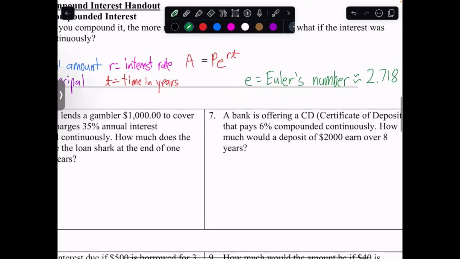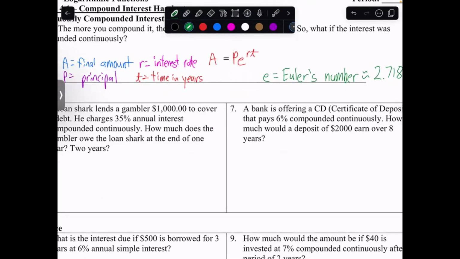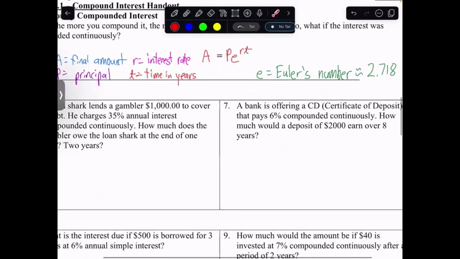Again, pi is about 3.14, and Euler's number is about 2.718. This guy, Leonhard Euler, made a lot of mathematical discoveries, so this number was named in his honor. We use lowercase e to represent this.